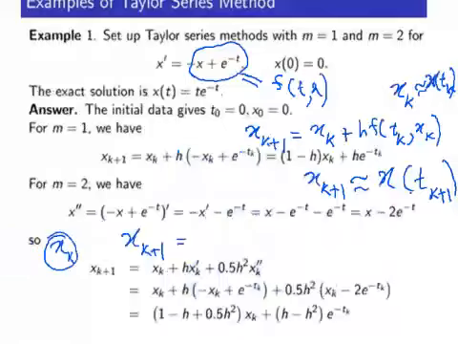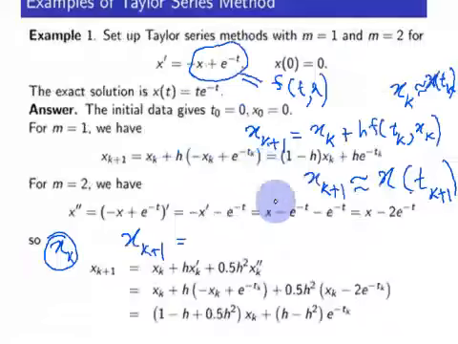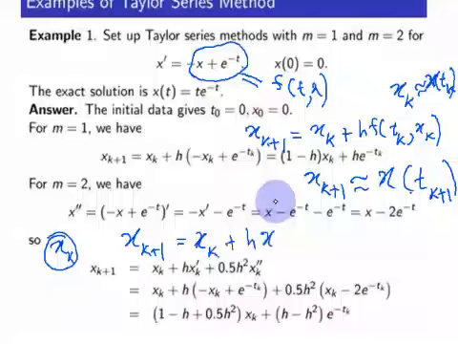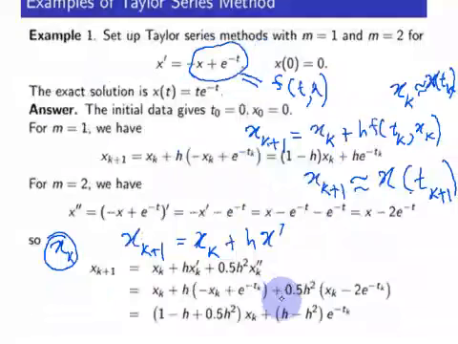We just consider the first three terms: x k plus h x prime at k plus h squared over 2 factorial times x k double prime.